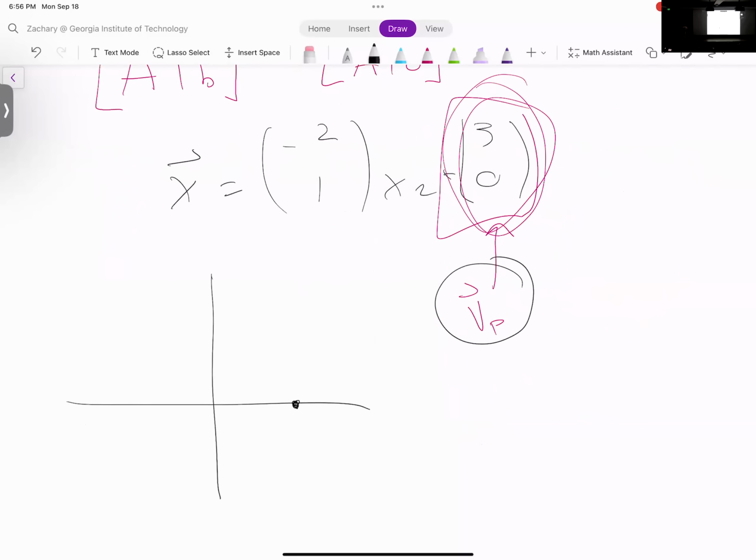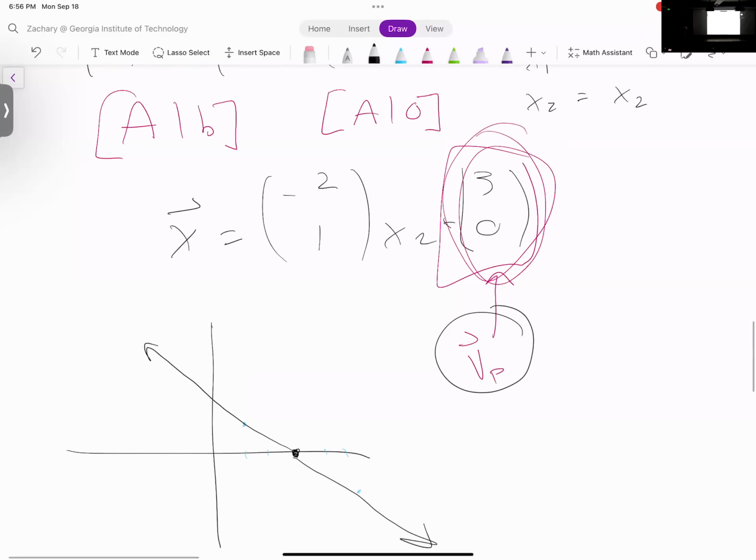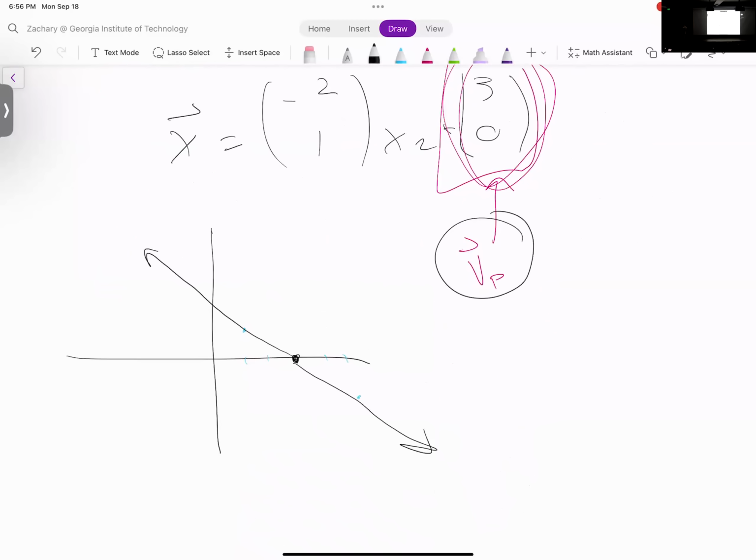From here, I move negative 2, positive 1, draw a little dot, and then I move the opposite direction, so positive 2, negative 1. And I draw my span through these points. This creates my solution set to Ax equals 3, 3. This is my solution for that particular case.